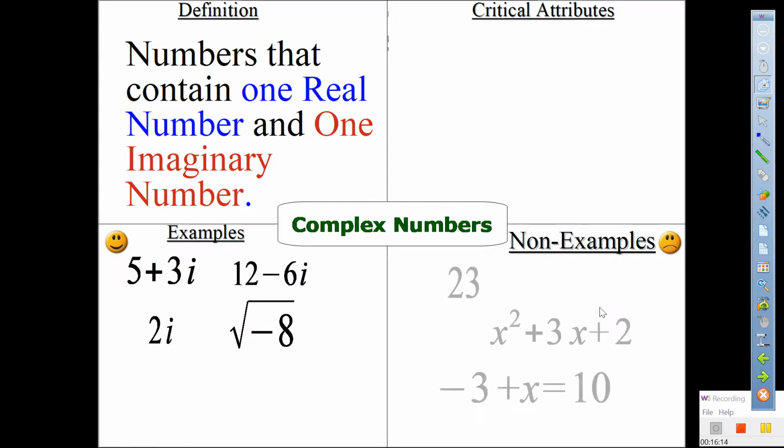Okay, copy the non-examples. Actually, before you copy them, look up. Tell your neighbor what's so obvious that these are not complex numbers. Alexa, why are those not complex?